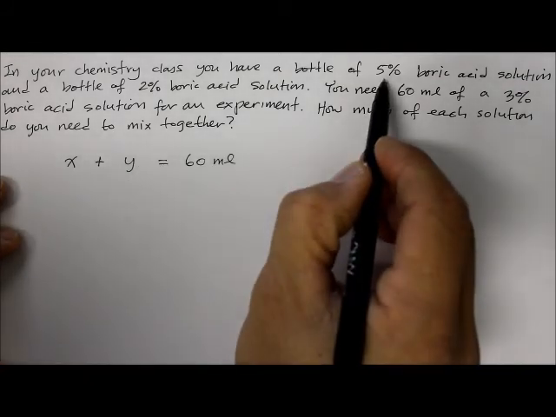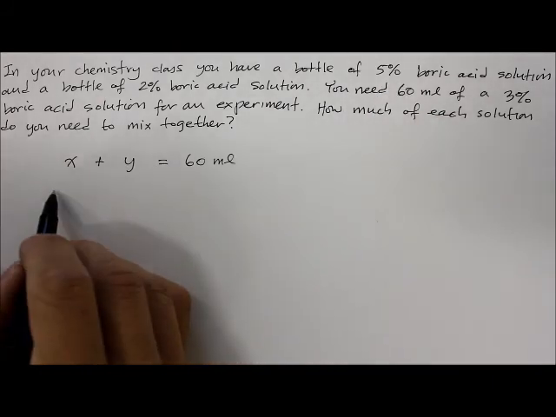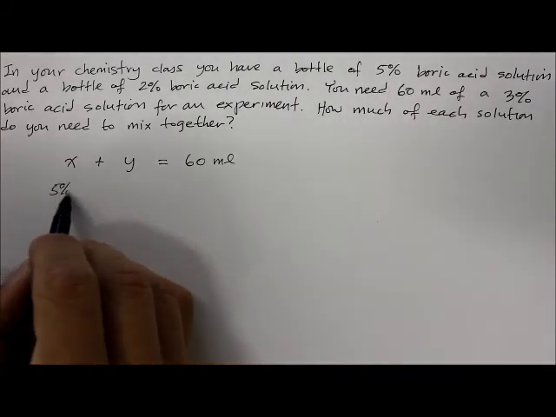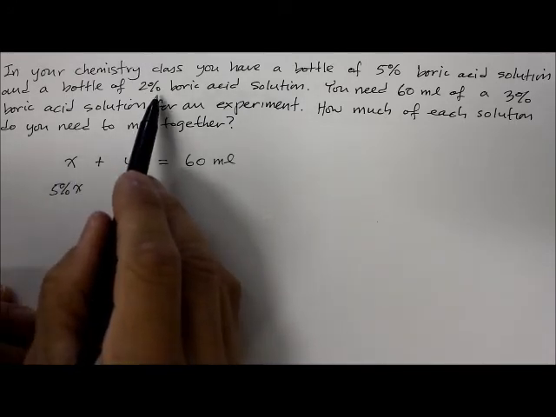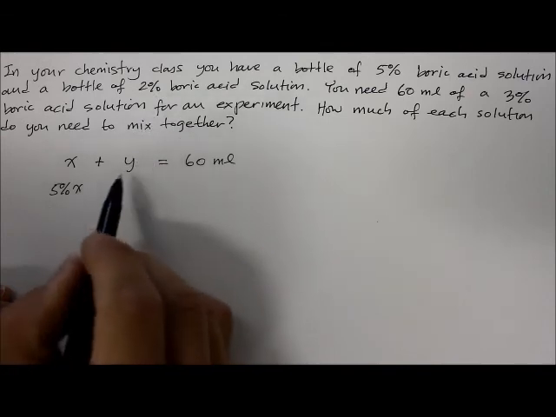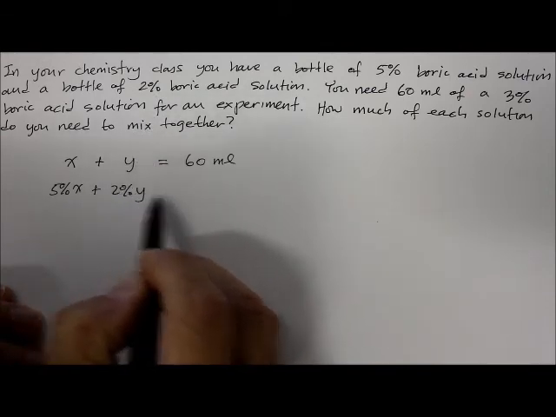Here's what it says. The 5% of the first solution, which we don't know, so we could say that's 5% of that unknown X. And then the second one is 2% of the second one, so plus 2% of the unknown second bottle.